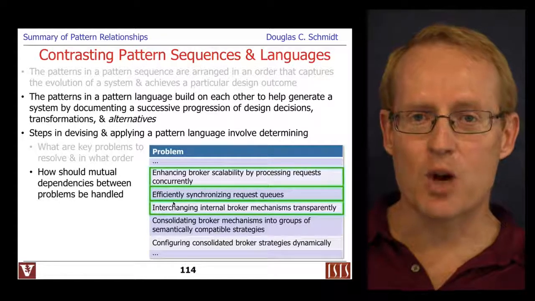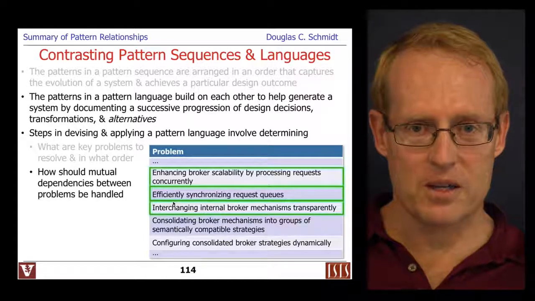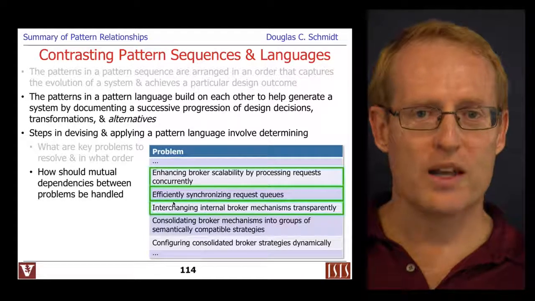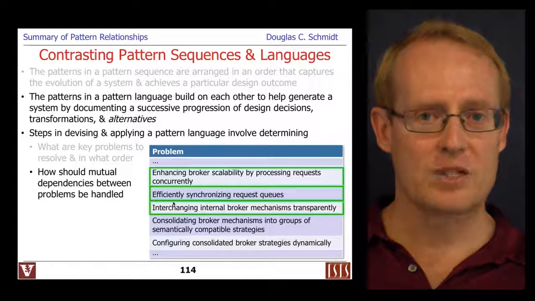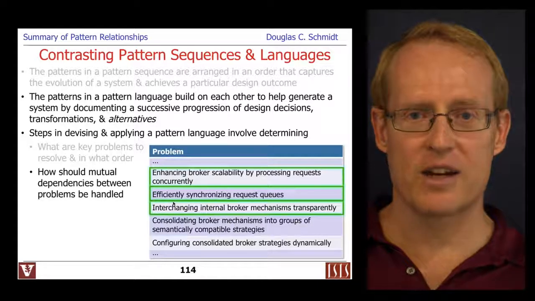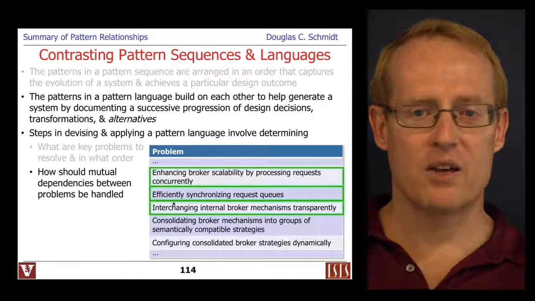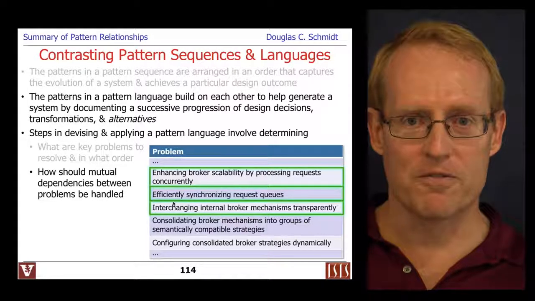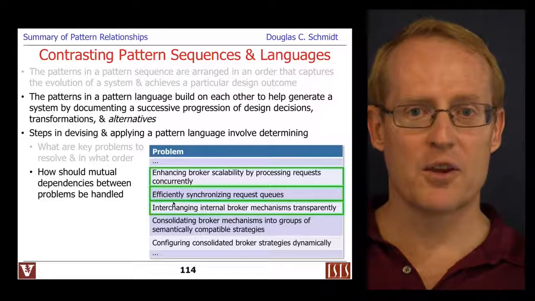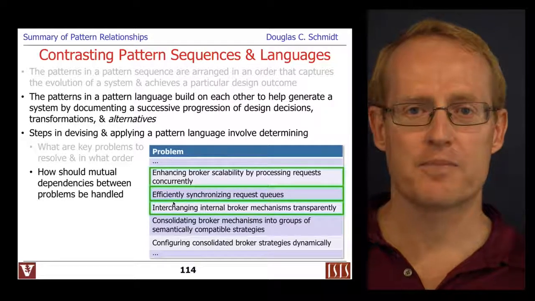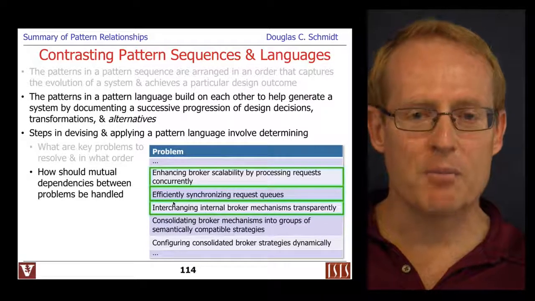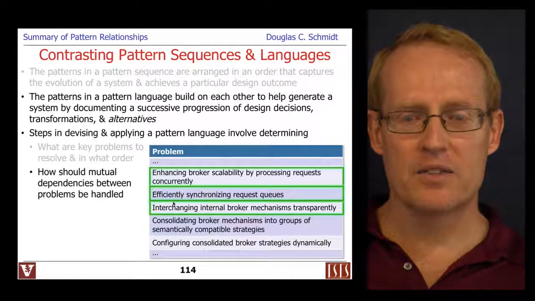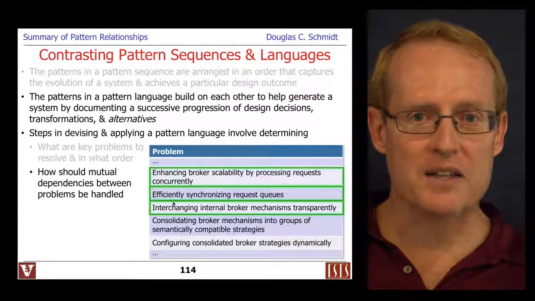So we've got to make sure when we apply the various patterns in a particular order that they're consistent with each other and resolve these mutual dependencies, because things aren't entirely isolated, and choices in one part of the solution space or problem space will affect the other choices available in other parts of the solution and problem space.